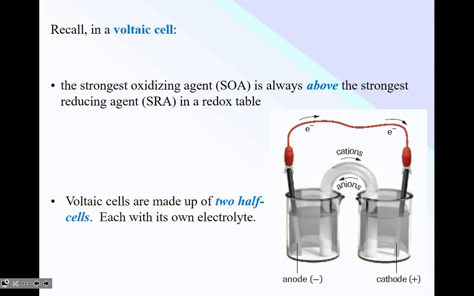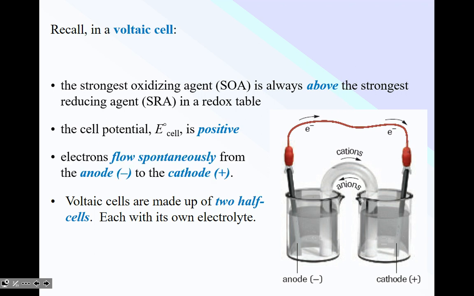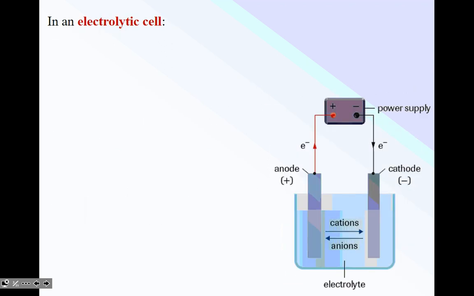So recall that in a voltaic cell, the strongest oxidizing agent, or the SOA, is always above the strongest reducing agent, or the SRA, in a redox table. Recall too that the cell potential is positive and that electrons flow spontaneously from the anode to the cathode. And one more, sorry.